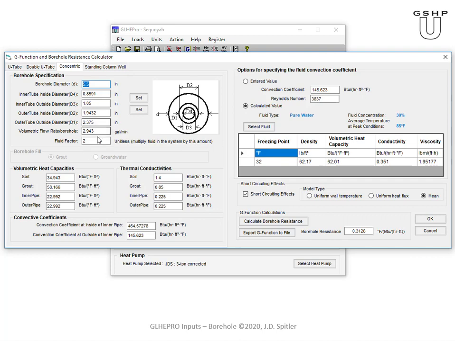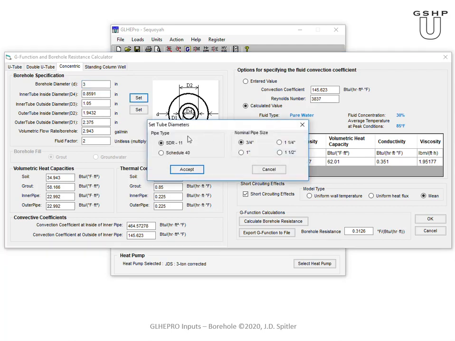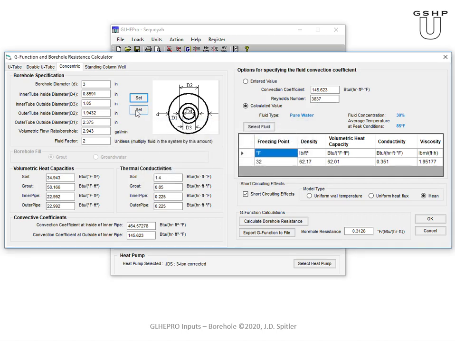The outer diameter of our outer pipe is 2.4 inches. So let's see if we could go down to 3 inches. Now we're going to need to change. No, that's okay. 3. Yeah, this should all be fine. Okay, 0.1992.